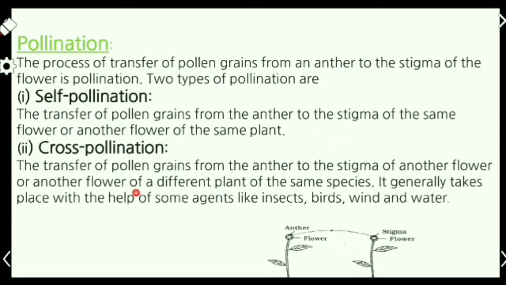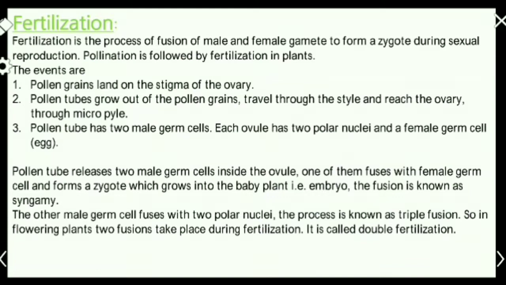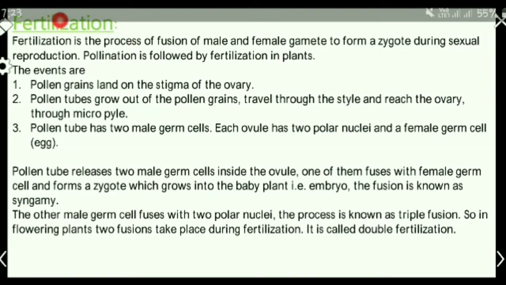The transfer of pollen grains from the anther to the stigma of a flower of a different plant of the same species is termed cross-pollination. This cross-pollination generally takes place with the help of agents like insects, birds, wind, and water. Now, let's have a discussion on fertilization.